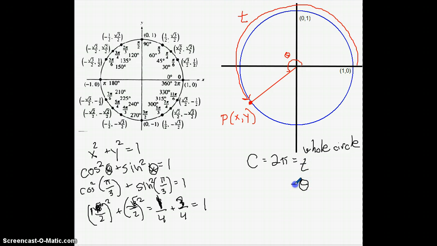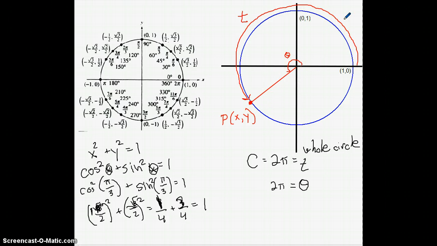Now, if I take the whole angle, 360 degrees all the way around, what's that equal to? Well, guess what? 2 pi. So you see that t and theta, as long as you're using radians, and this is another reason why we use radians instead of degrees, as long as you're using radians, t and theta are the exact same number.